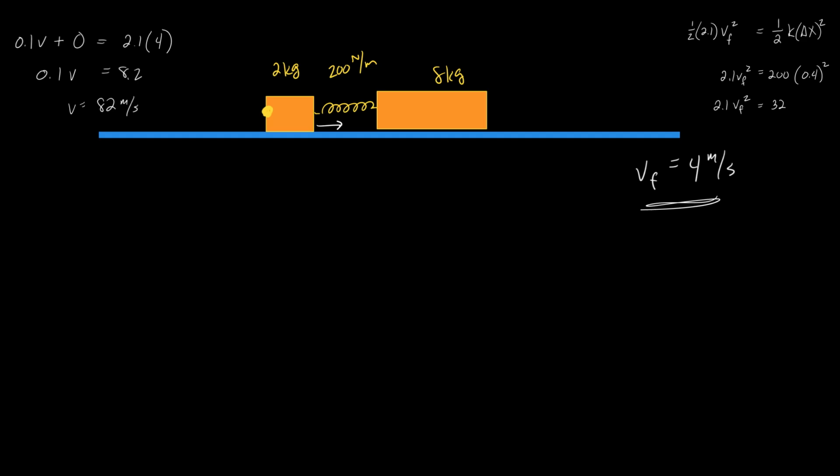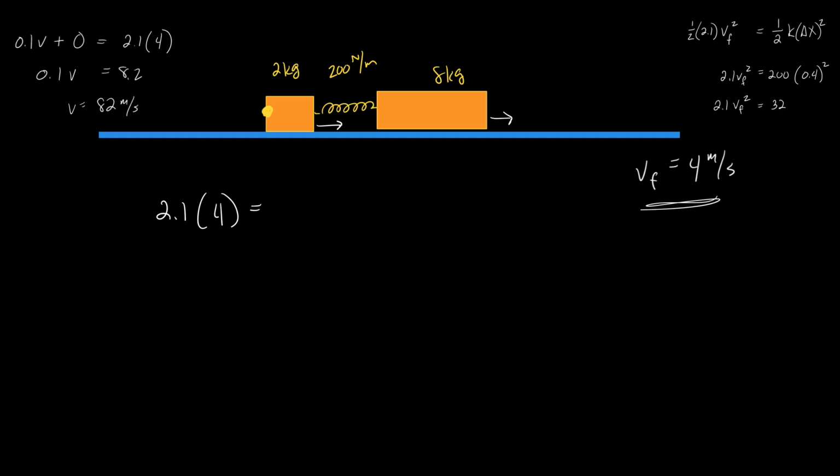Well, here's the thing. When the spring regains its original length, that is an elastic collision. So we're going to have the momentum of the system before, which is going to be 2.1 times 4, equals the momentum of the system after the collision, where the little block and the big block are going to have independent velocities at this moment.